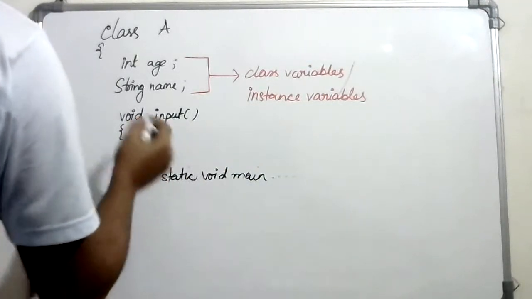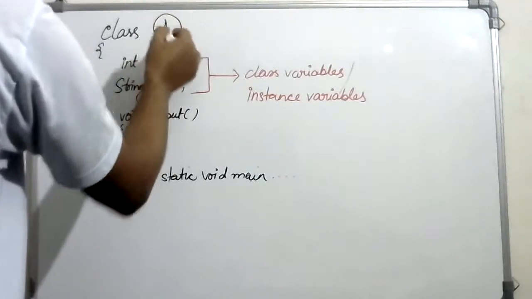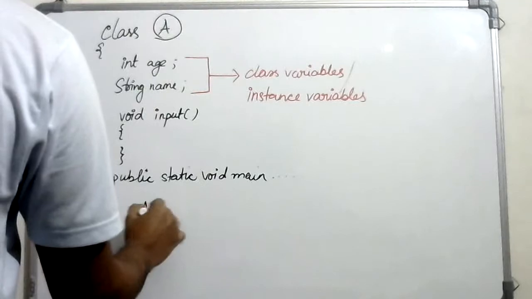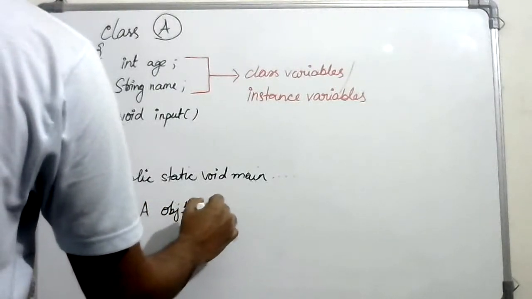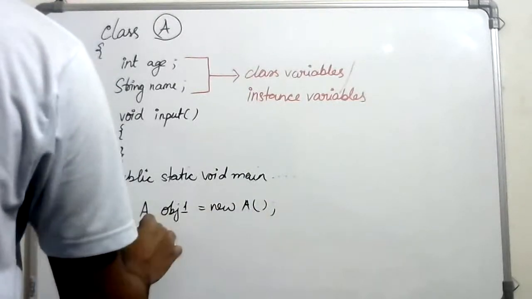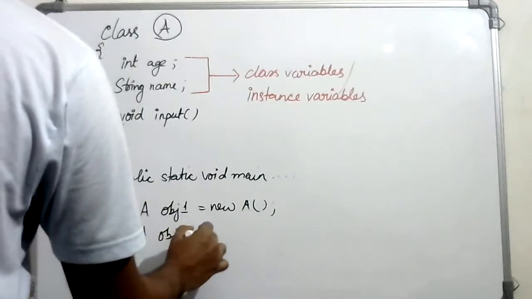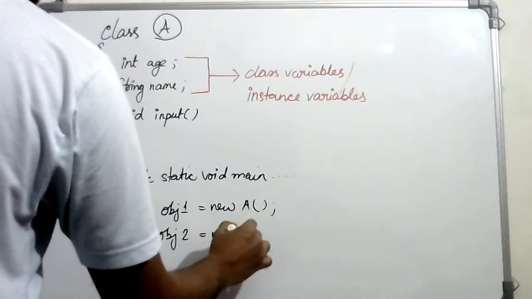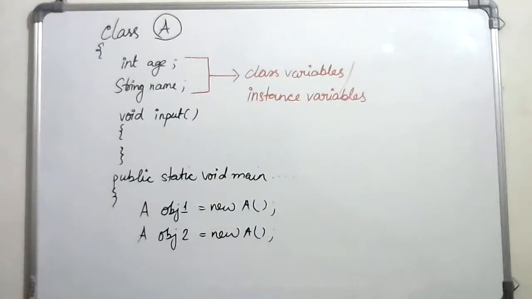Inside the main method, I'll define obviously objects of this particular class A. So A, let's call the first object obj1 is equal to new A. Let's define one more object, obj2 is equal to new A. Now I have defined just two objects, so you could define as many objects as you need.